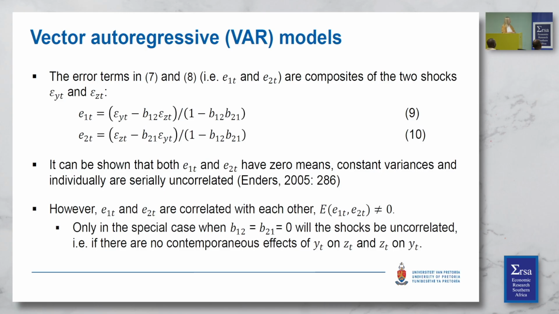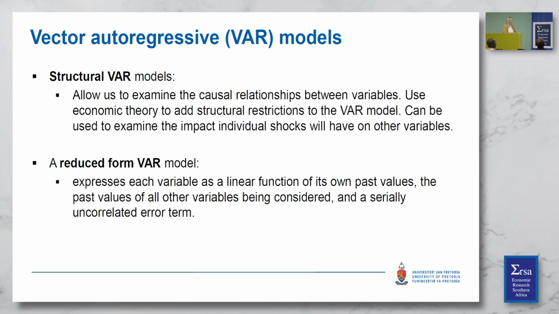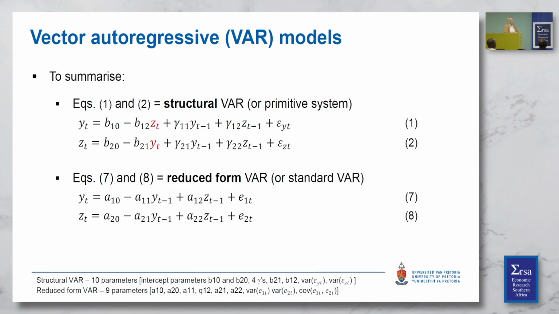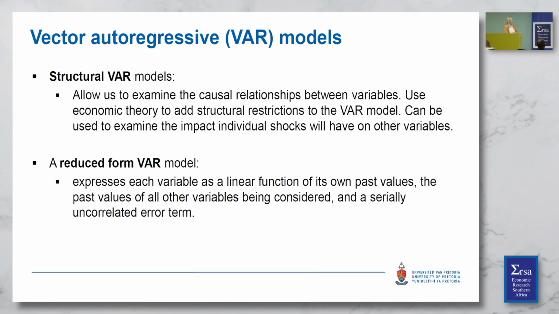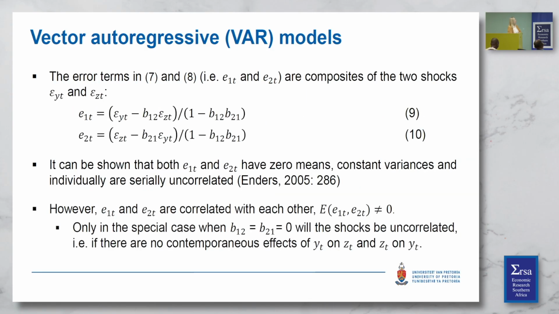That's why once we arrive at the reduced form VAR, it's like we have scrambled the eggs to get these parameters. We cannot unscramble the eggs to go back.